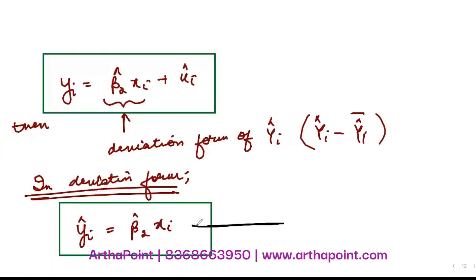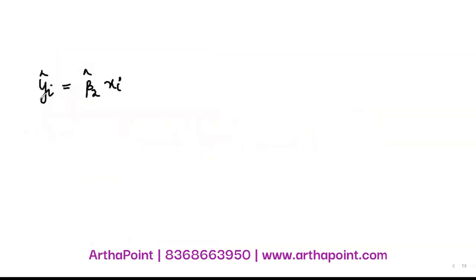In deviation form, yi hat is beta 2 hat into xi. So I'm using the deviation form of yi hat and I'm writing that as beta 2 hat into xi. What will be yi hat ui hat? That would be beta 2 hat xi ui hat.